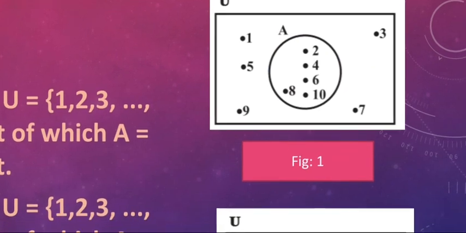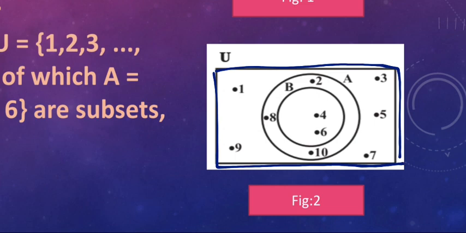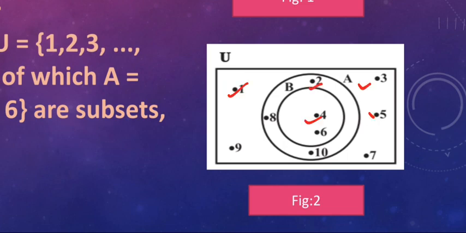Now if you look at the second diagram, here again the rectangle represents the universal set. That means all the elements inside this rectangle are elements of the universal set. So you can say the universal set contains 1, 2, 3, 4, 5, 6, 7, 8, 9, 10, where there are two circles.